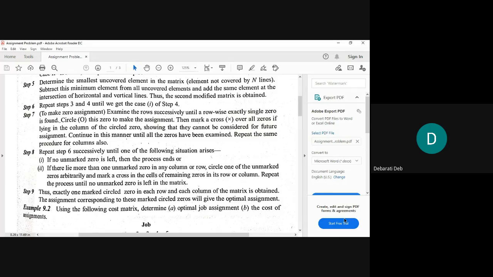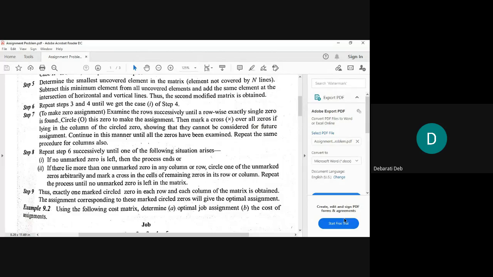Examine the rows successively until a row-wise exactly single zero is found. This line is very vital. Step 7 is the step of assignment.